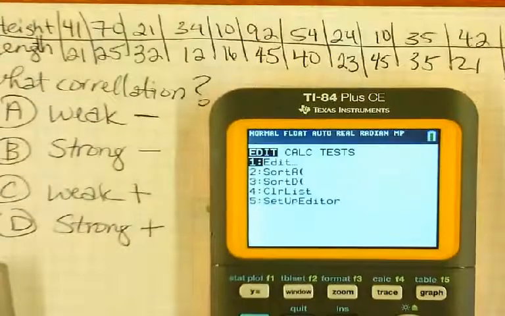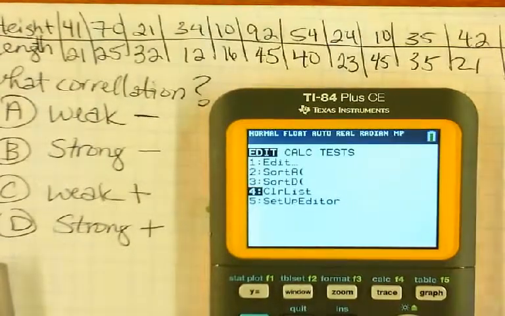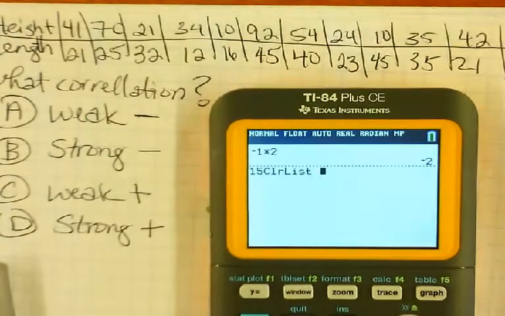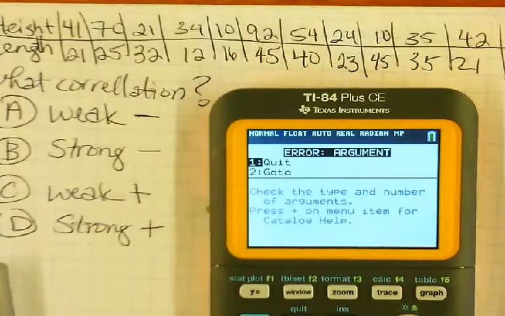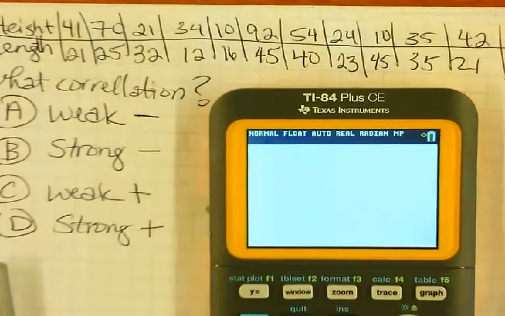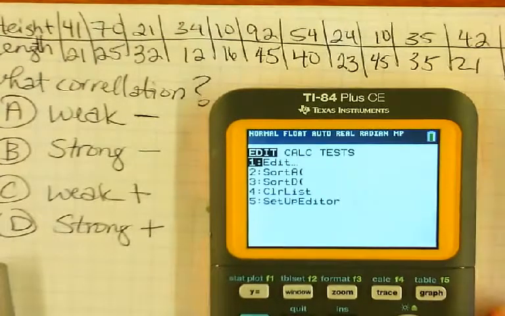Now, when you go down to option 4, it's going to ask you to clear the list. So clear out your list. I guess we could put in L1, L2 there. That will probably be helpful.